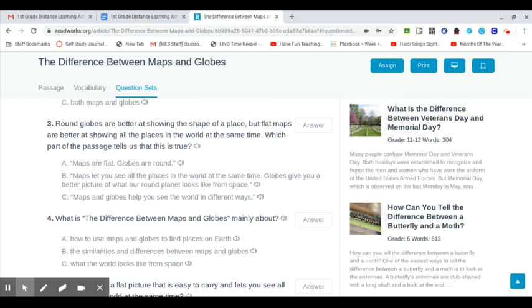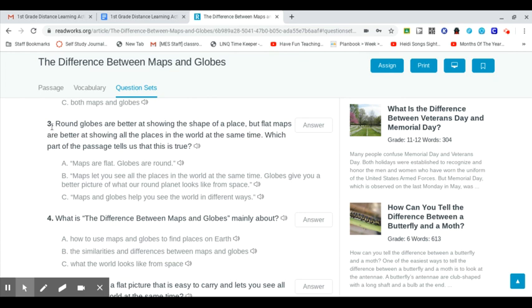Is it A, maps are flat and globes are round? B, maps let you see all the places in the world at the same time. Globes give you a better picture of what our round planet looks like from space. Or C, maps and globes help you see the world in different ways.